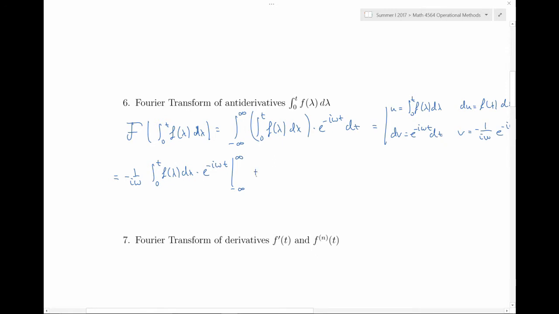Minus minus makes it plus. The integral from minus infinity to infinity of 1 over I omega f of t e to the minus I omega t dt. And here's where things are getting very interesting. The antiderivative of f must exist, but it may not be the function from L2.